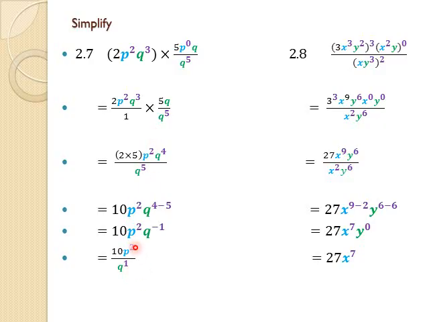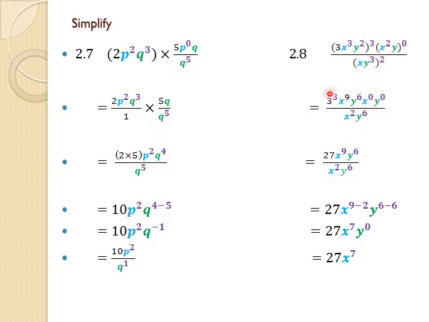Sometimes it's not good to only understand shortcuts because the shortcuts don't apply to every single problem. Alright, so 2.8, 3 to the power 1, x cubed y squared, raised to a further exponent 3. They have x squared, y, all raised to the power 0. You have xy cubed, raised to the power 2.